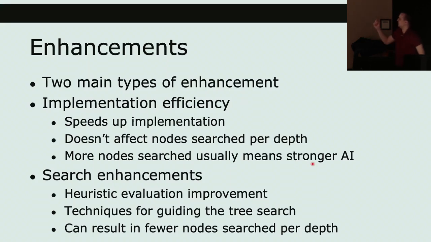And then there are search enhancements, which typically are either improvements to the heuristic evaluation function somehow, or techniques for guiding the search tree, right? Or pruning off nodes, which will actually possibly cut nodes off of the search. And so these can result in fewer nodes searched to a given depth, and if you have to search fewer nodes, then you can search deeper, which typically means you'll do better.